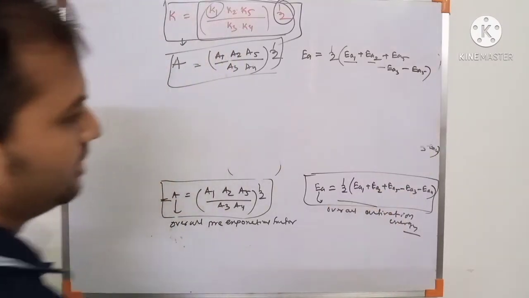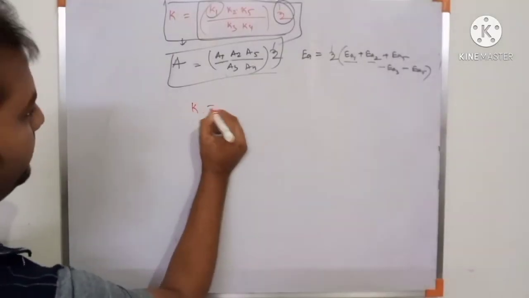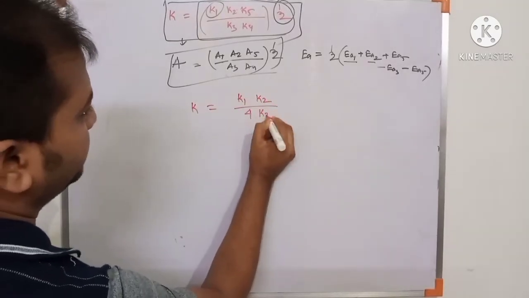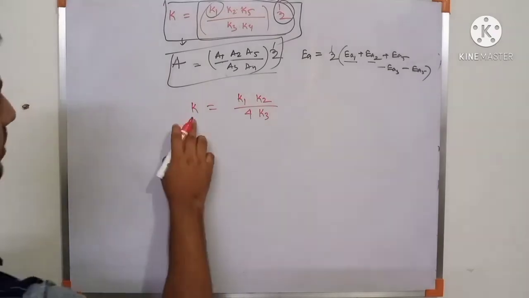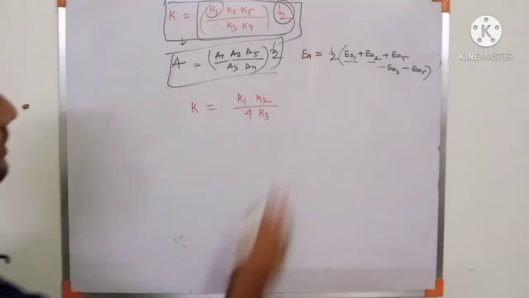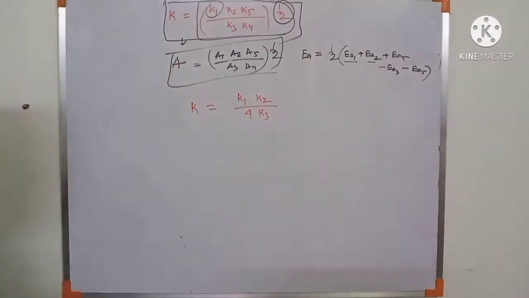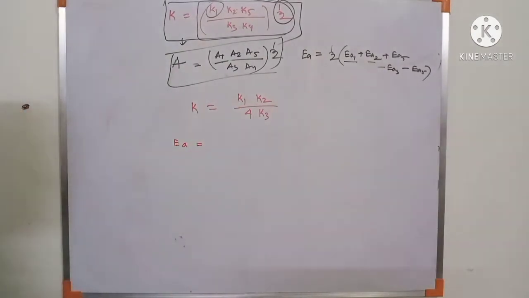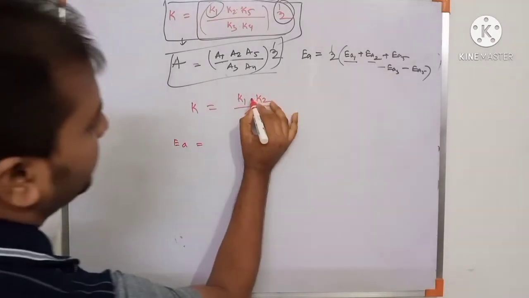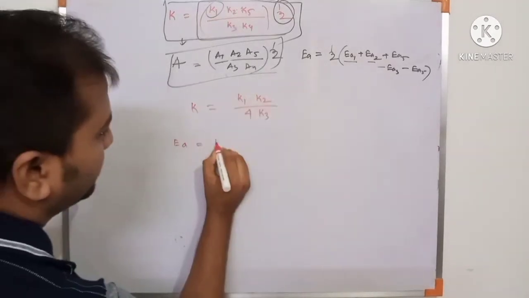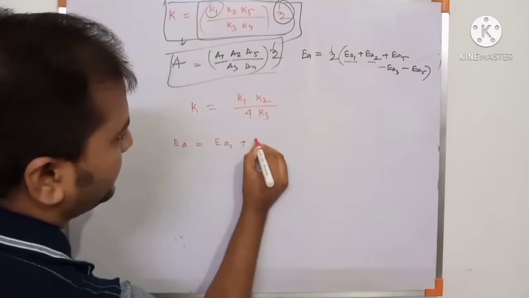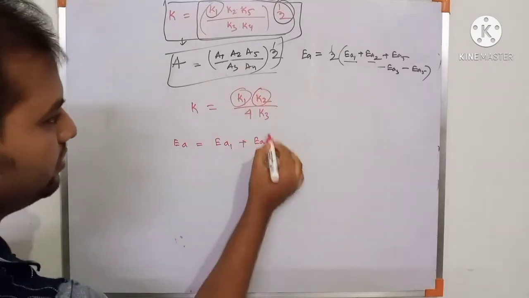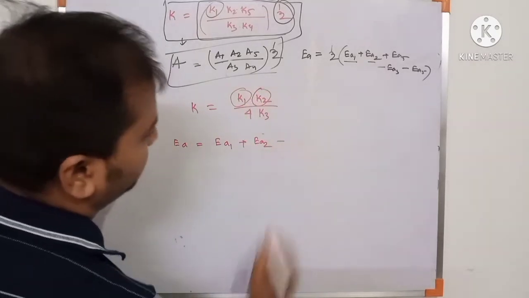This is the equation. Suppose another example, K equal to K1 K2 by 4 K3, and calculate A and EA, the overall activation energy and overall exponential factor. First, the overall activation energy: multiplication becomes addition, EA1 plus EA2, with K1 substituted by EA1 and K2 by EA2, and division becomes subtraction.